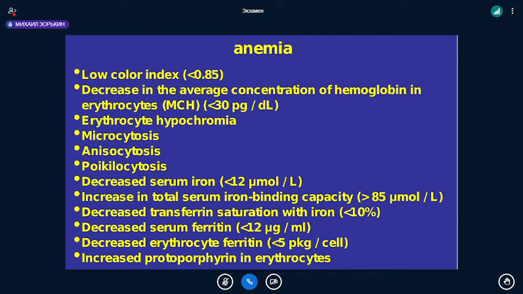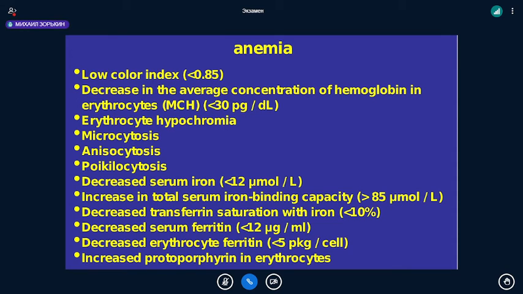Laboratory signs of the iron deficiency. We have already actually considered all of them, divided by the 4 stages of the IDA. Low color index, decreased hemoglobin concentration, decreased size, microcytosis, decreased MCV, anisocytosis, changed size, poikilocytosis, changed form of the red blood cells, decreased serum iron, increased TIBC, decreased transferrin saturation, decreased ferritin, and so on.